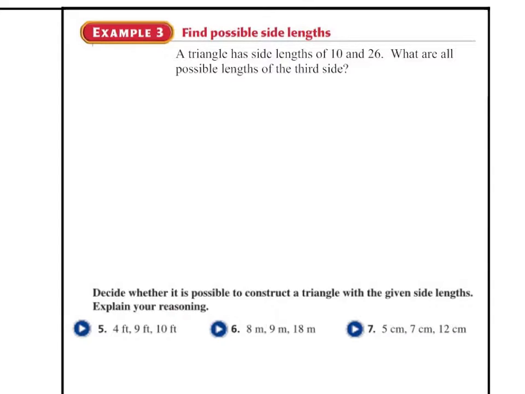So I find that this is actually a pretty helpful way to do it. Let's split it up. I'm going to call our third side x. So first we'll do x as a small side, so a small x. And we'll also do x as a large side, large x.